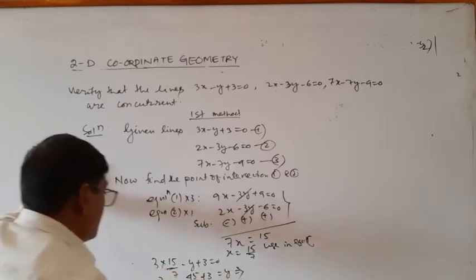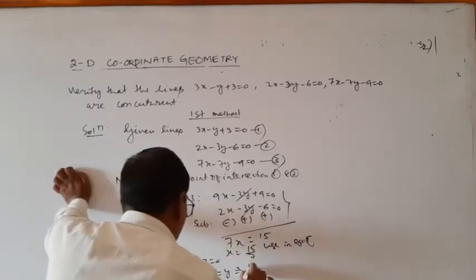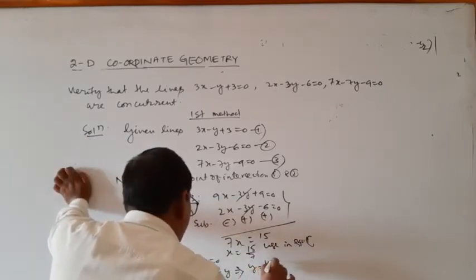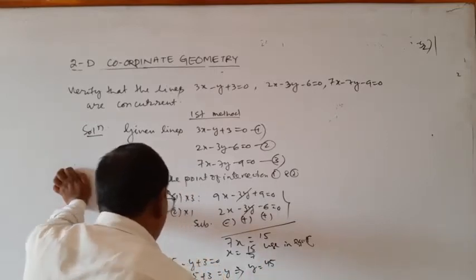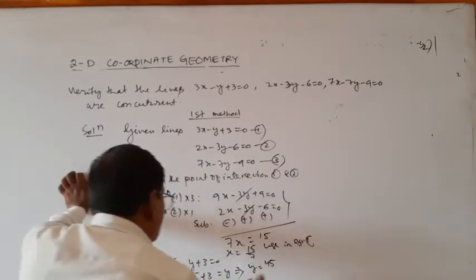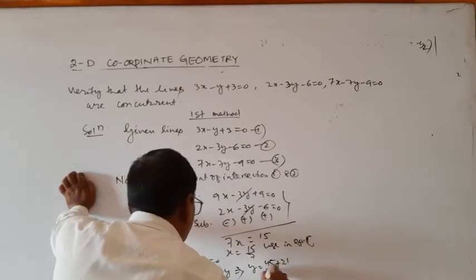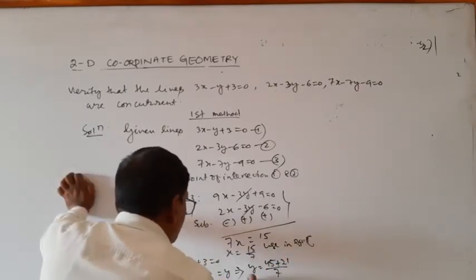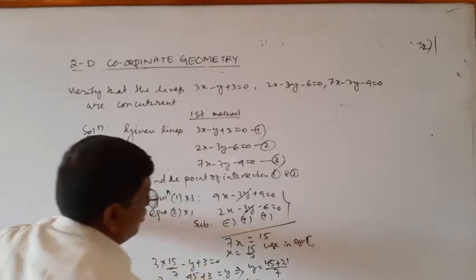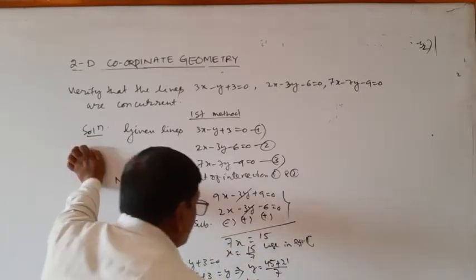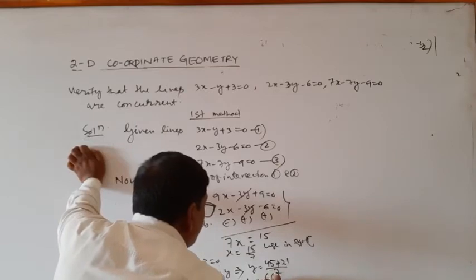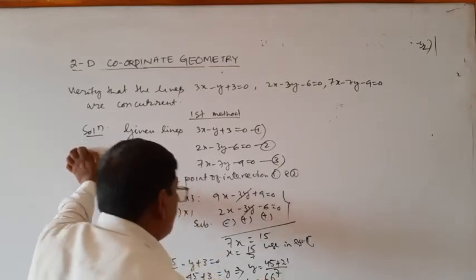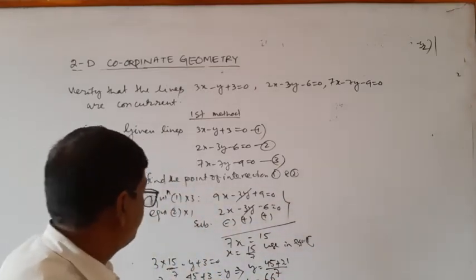That implies y is equal to 45 plus 21 divided by 7. So y is equal to 66 by 7.